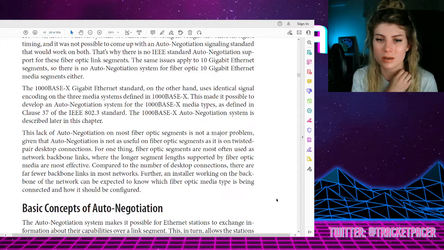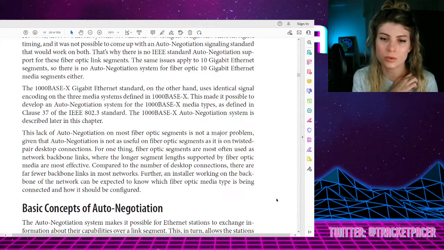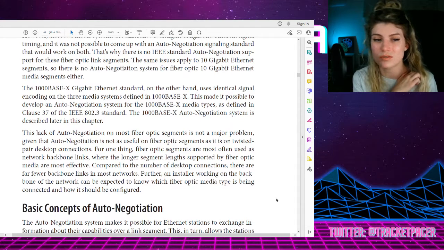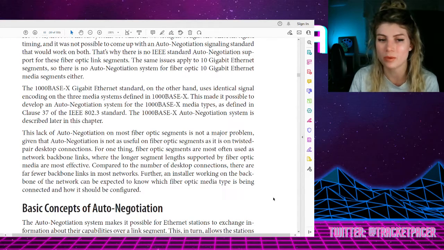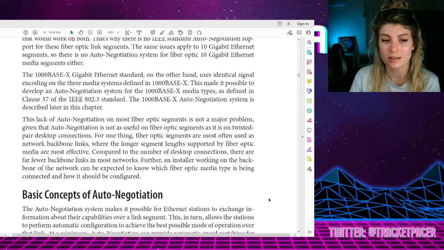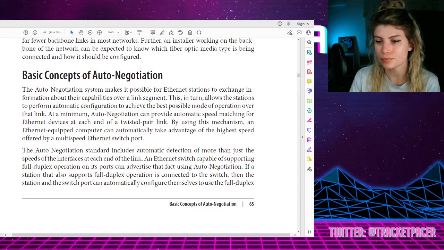For one thing, fiber optic segments are most often used as network backbone links. Okay, that makes sense. Where the longer segment links supported by fiber optic media are most effective. Compared to the number of desktop connections, there are far fewer backbone links in most networks. Further, an installer working on the backbone of the network can be expected to know which fiber optic media type is being connected and how it should be configured. Cool.